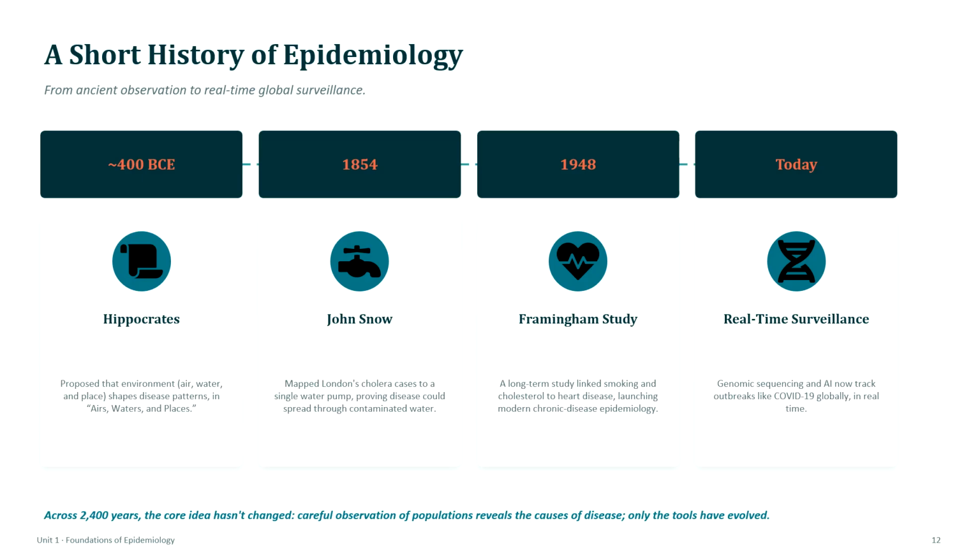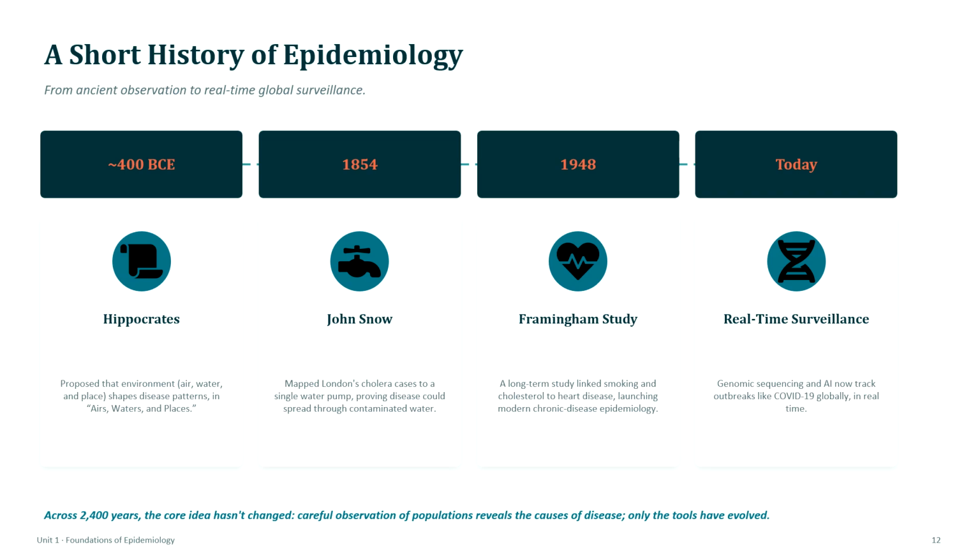Next, in 1948, the Framingham Heart Study began following thousands of residents of one Massachusetts town over decades, and it's what first linked smoking and high cholesterol to heart disease, effectively launching the modern era of chronic disease epidemiology, well beyond just infectious outbreaks.